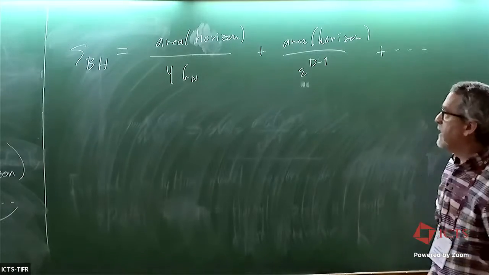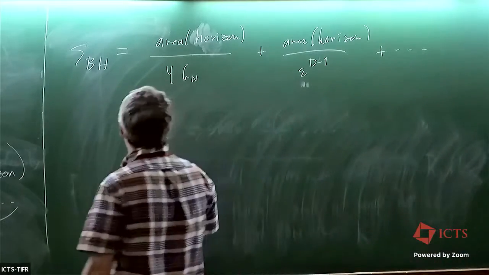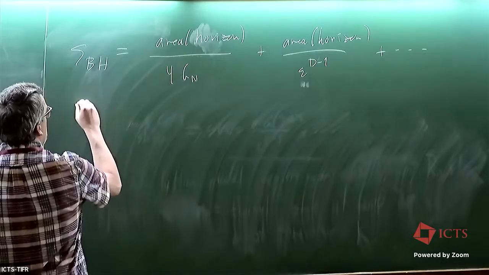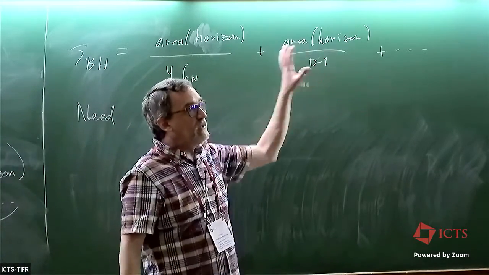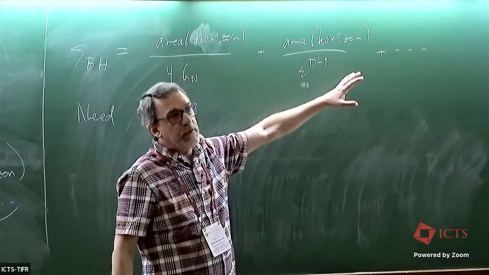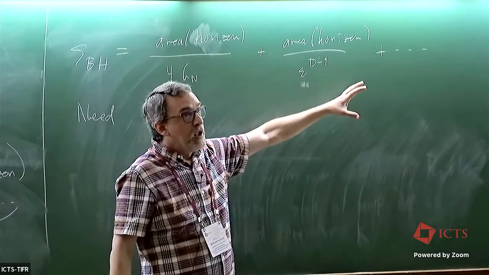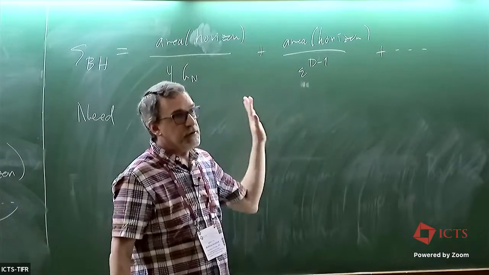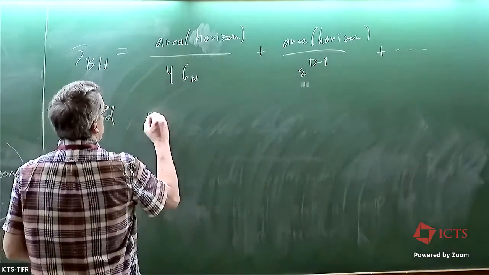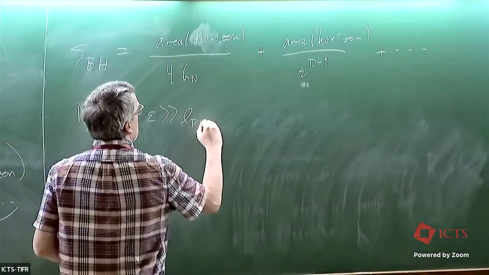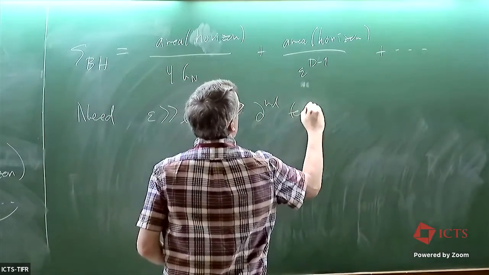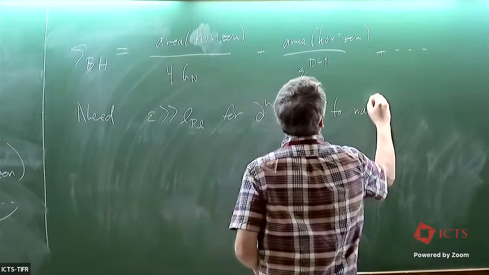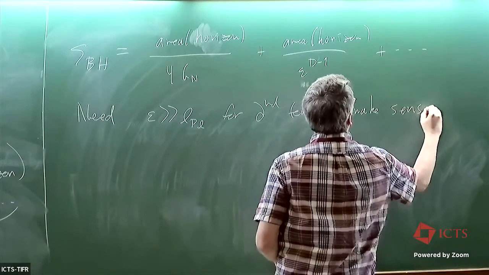But to resolve that, you have to remember, first of all, that to make sense of this, I need to be doing quantum field theory on a fixed background, at least approximately. For that to be true, my cutoff has to be much larger than the Planck length, for the second term to make sense. Okay, that's one thing.